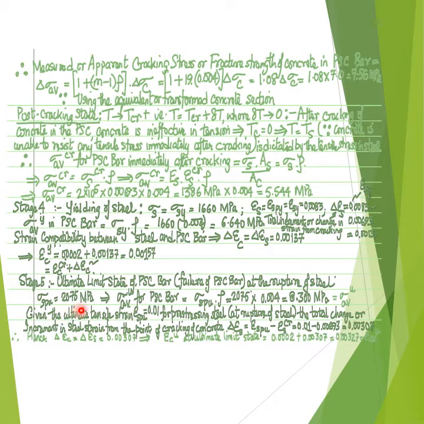Given the ultimate stress of the pre-stressing steel, denoted as sigma S subscript SPU, where the notation sigma denotes the actual stress as usual, while the subscript S signifies that the actual stress is for the pre-stressing steel, while the subscript P signifies pre-stressing steel, and the subscript U denotes the ultimate tensile stress or the tensile strength of the pre-stressing steel, given as 2075 MPa.